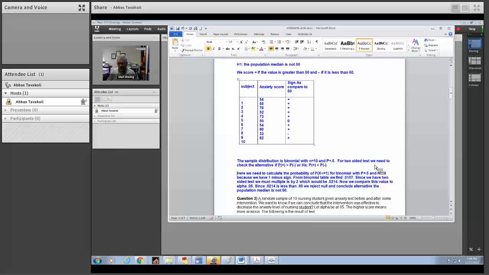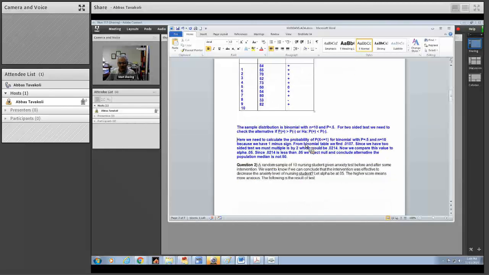For a two-sided test, we need to check if the probability of positive is greater than negative or positive is less than. Here we have one negative value and 8 positive values, so it's easier to calculate the probability less than or equal to 1 from the binomial. Since it's a two-sided test, we multiply by 2.